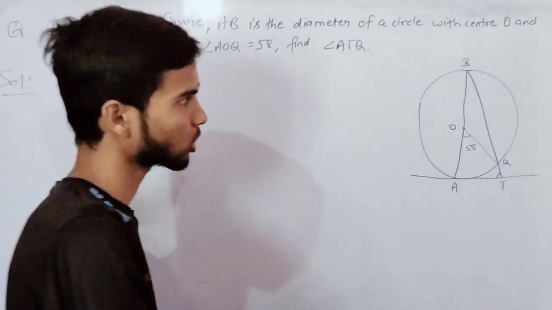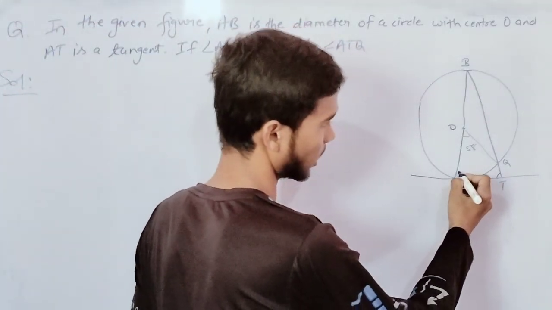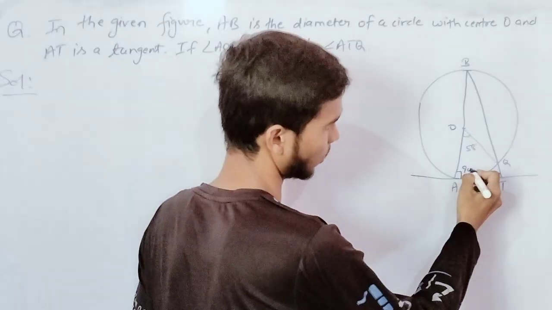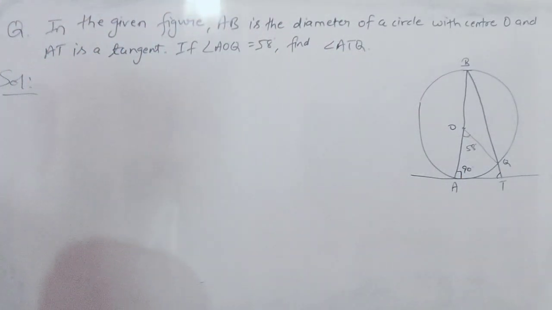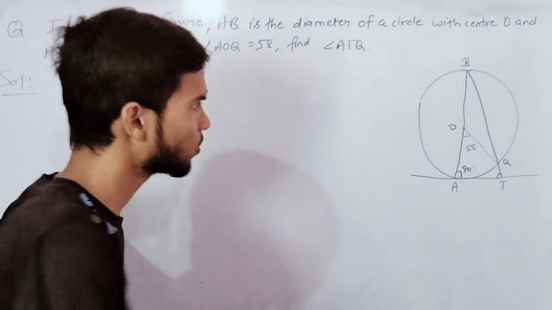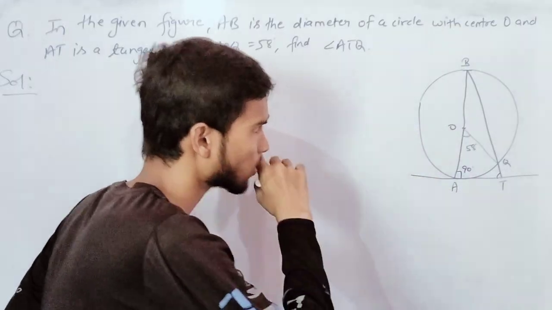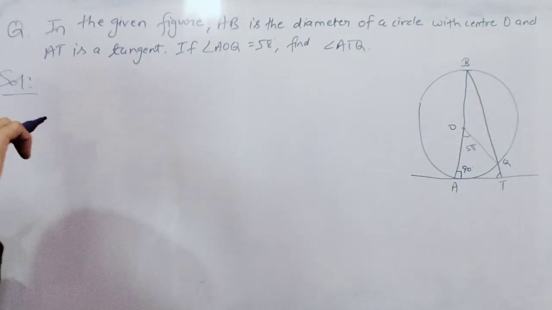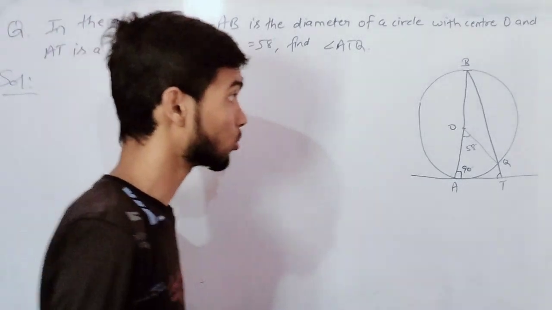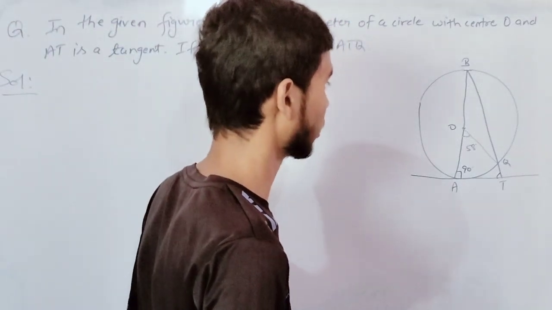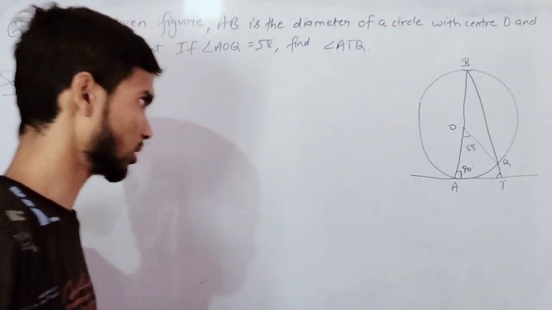Now tell me, is it making 90 degrees or not? Yes, because it is a tangent line. That's why. We have only one triangle, ABD.